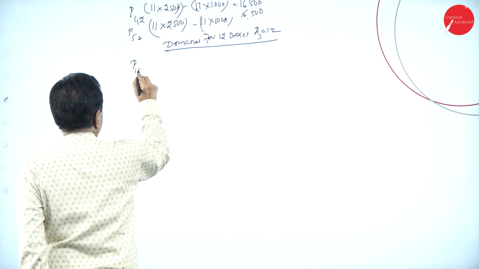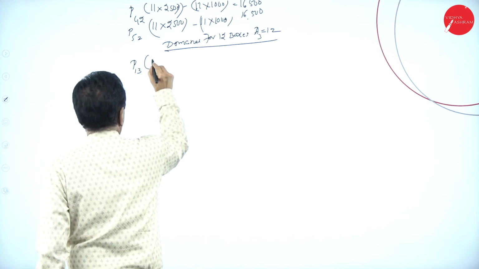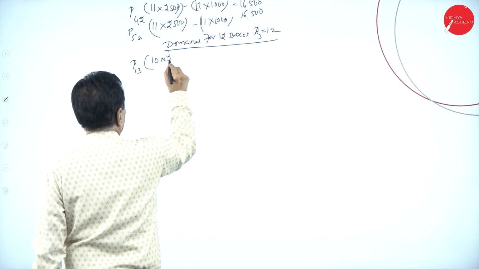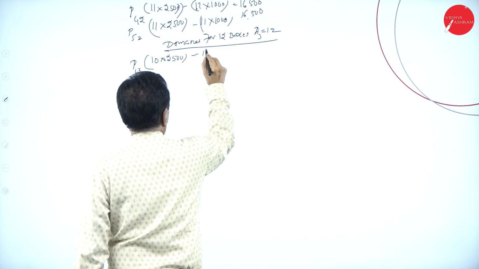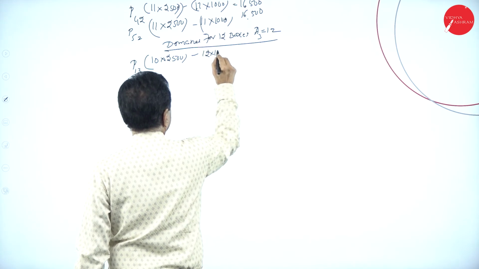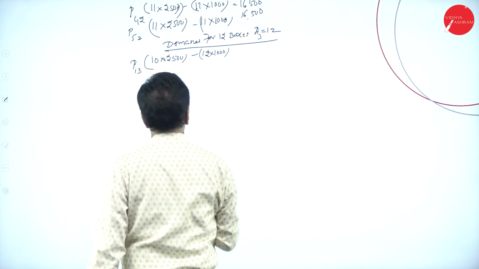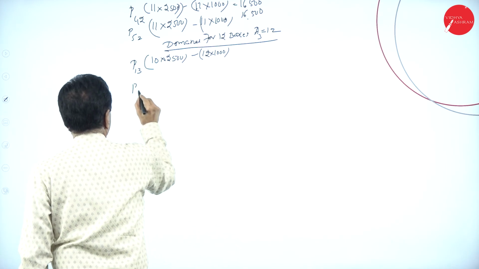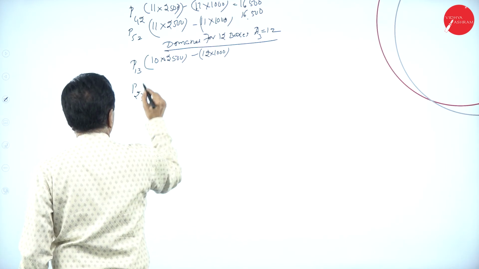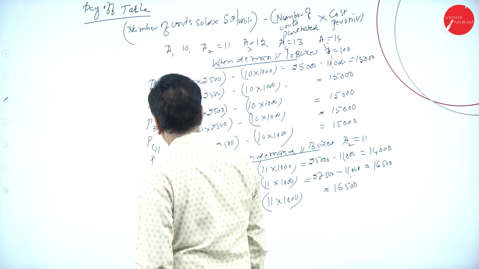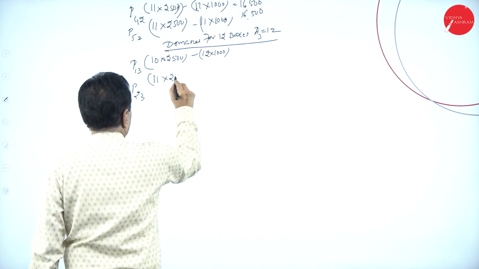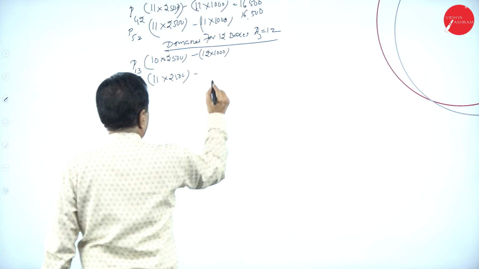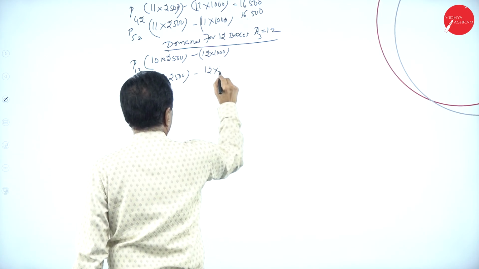P13, slowly: 10 into 2,500 minus 12 into 1,000. Then P23: 11 into 2,500 minus 12 into 1,000.